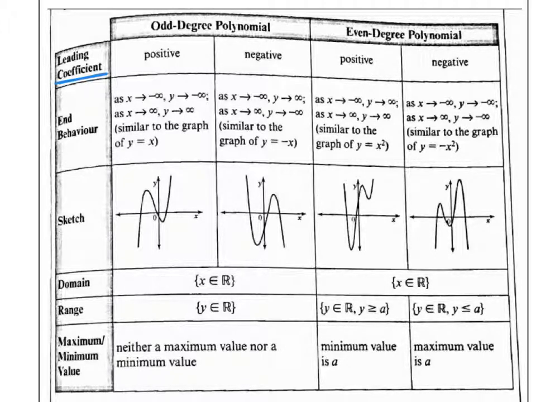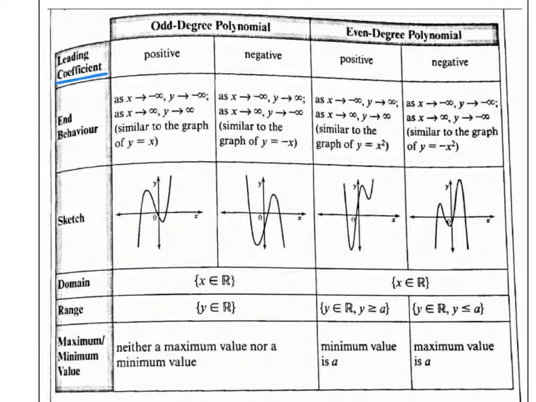You have to then look at the leading coefficient, or what is that first number on the highest exponent variable, and whether it's positive or negative for an odd degree, or whether it's positive or negative for an even degree. It tells you the end behavior, so what happens as you go towards negative and positive infinity in terms of the graph. And then we have a quick sketch of it.